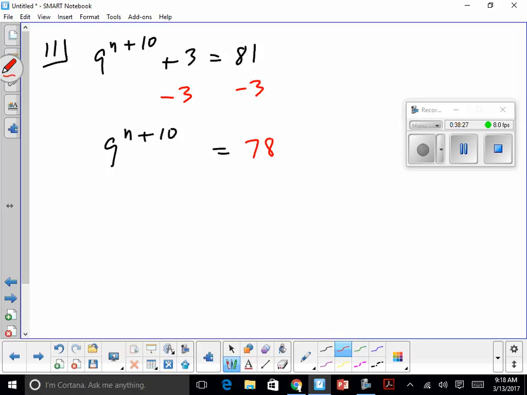Anybody know what the big guy is on the bottom? What he's called? It's what the exponent is hooked onto. Yeah, the base. The base is always the low part. When you play the bass, it's always at the bottom. So here, we're going to divide that 9 on both sides.